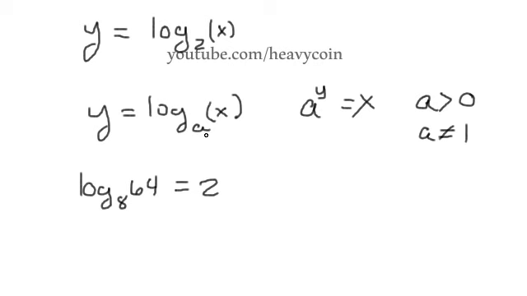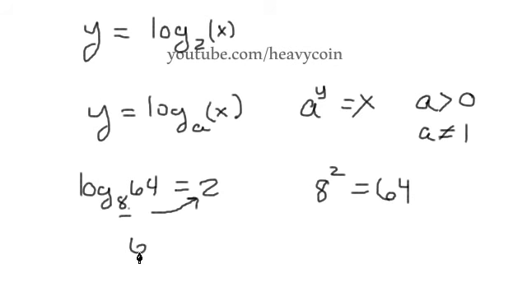You see this a, or this 8, which is our a. We're going to write this as 8 raised to the second power is equal to 64. We do know that 8 times 8 is 64. Just remember that this number down here gets moved diagonally to right here. 8 squared is equal to 64.